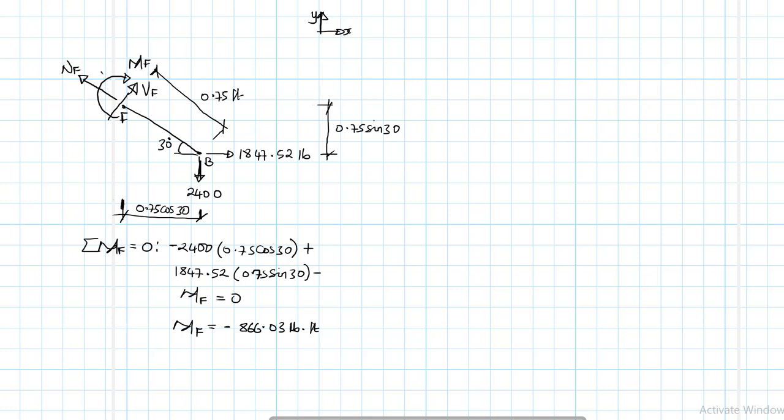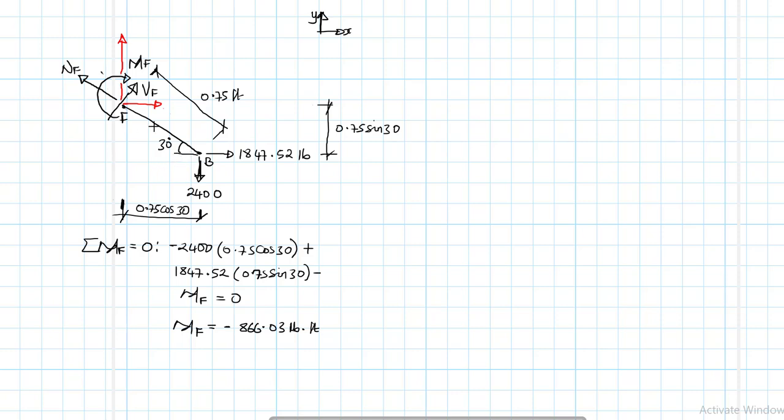So we expect a component in this direction for VF, and another component like so for VF. Sorry, I'll need to write this nicely. So we know the angle is 30.